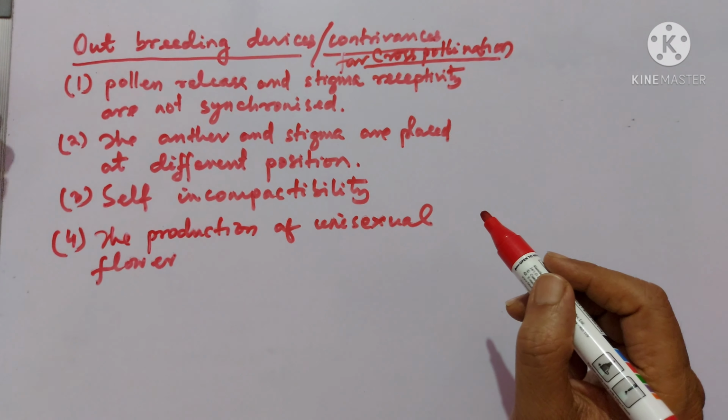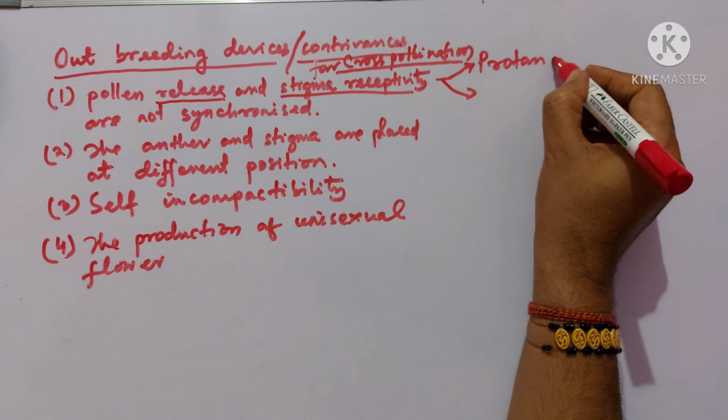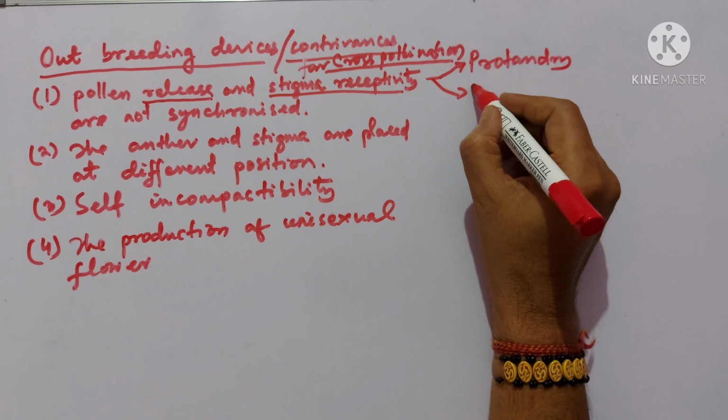So first one we will discuss, pollen release and stigma receptivity are not synchronized. So basing on that point, we can discuss two terms, protandry and protogyny.